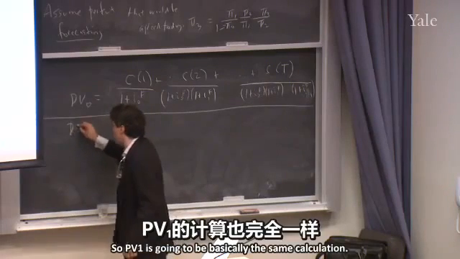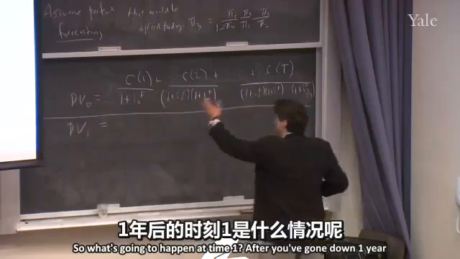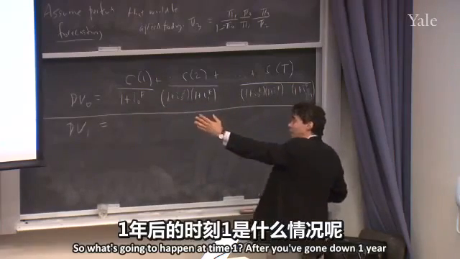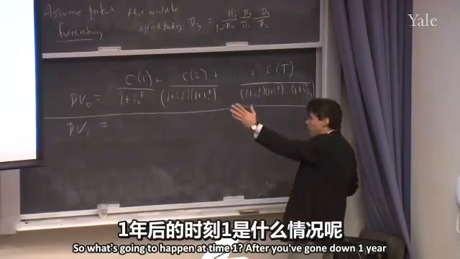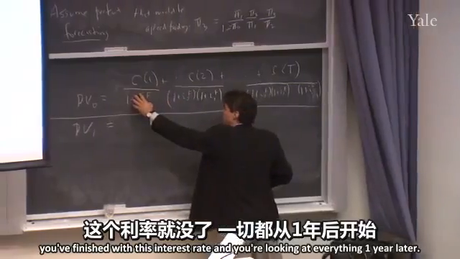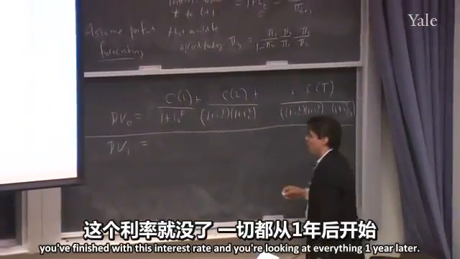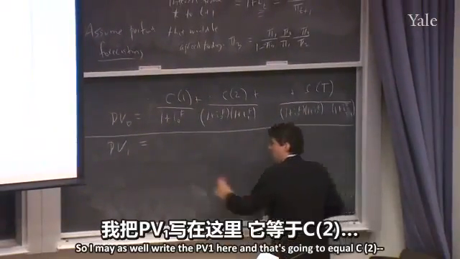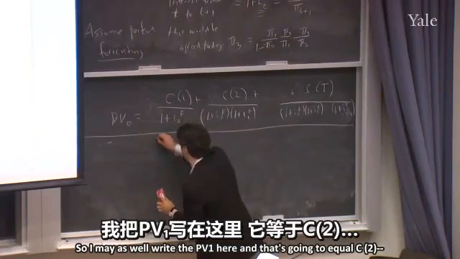So PV1 is going to be basically the same calculation. So what's going to happen at time 1? After you've gone down 1 year, you've finished with this interest rate, and you're looking at everything 1 year later. So I might as well write the PV1 here.